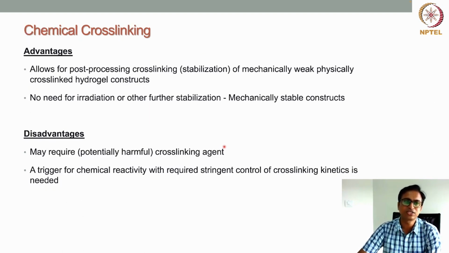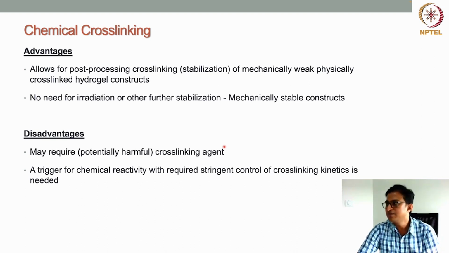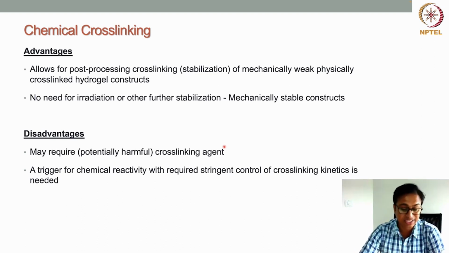Similarly, for chemical cross-linking there are certain advantages and disadvantages. The most advantageous point of chemical cross-linking is that it allows post-processing cross-linking of mechanically weak, physically cross-linked hydrogels. As we have seen, in physical cross-linking we can get the gel very fast, but it is mechanically weak and the stability is also not that great.